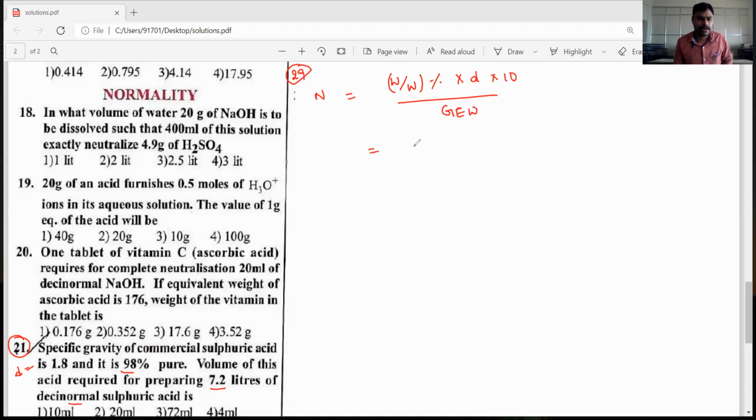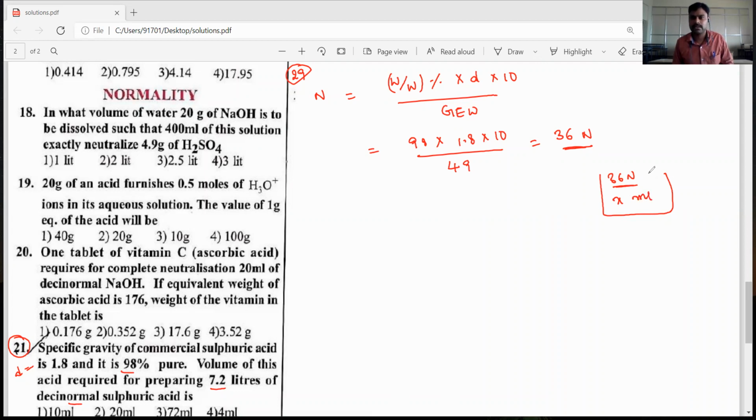The weight by weight percentage they gave is 98, and its specific gravity 1.8, into 10, divided by the gram equivalent weight of H2SO4, which is 98 by 2, nothing but 49. On simplification we will get 36 normal. Okay, dear students, so this 36 normal solution is present with x liters or x ml, whatever it may be. X ml is present.